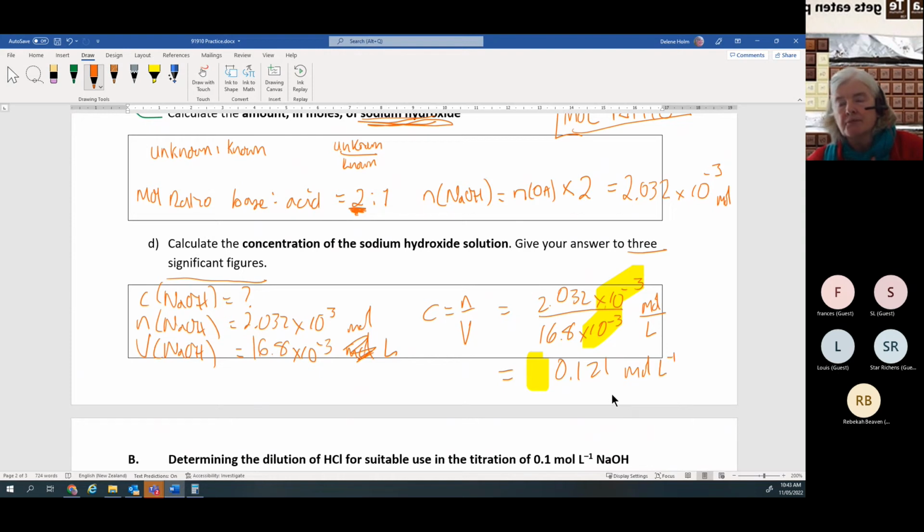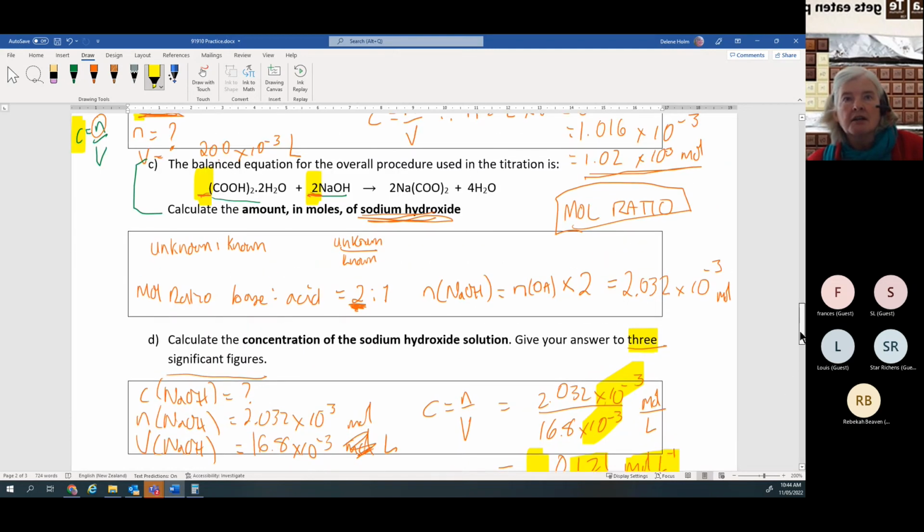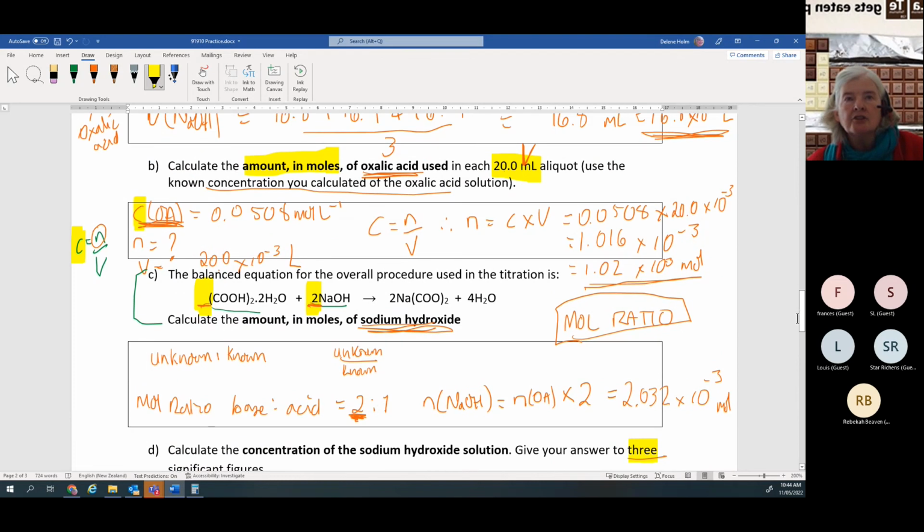And remember what I said, whenever you do calculations, you go, do I have a unit? Do I have 3 significant figures, particularly when I'm told to put in 3 significant figures? And then you go, is my answer sensible? And if you think about it, okay, I had calculated round about 0.05 for my oxalic acid.